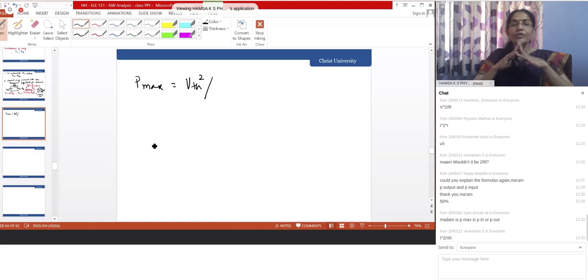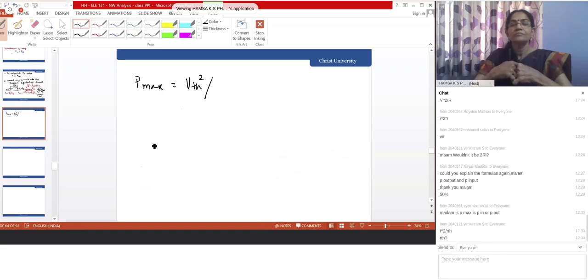Look at the circuit and calculate, and get the equation. RTH only, no VTH. I'm sorry, no RL.